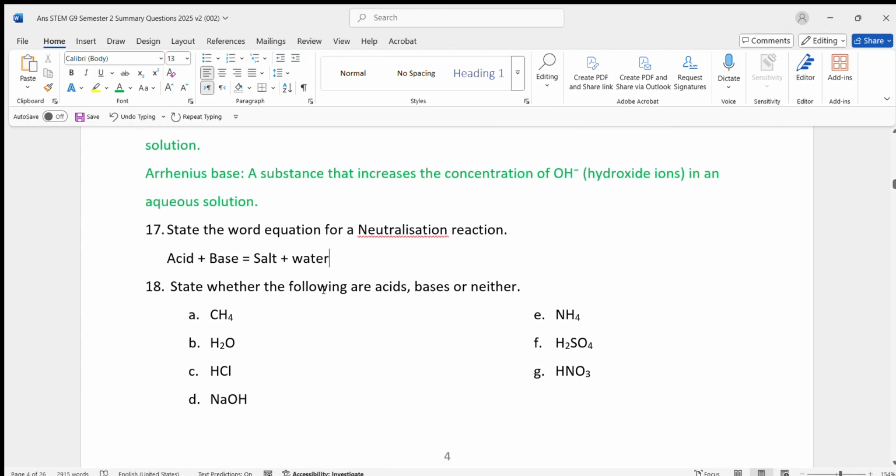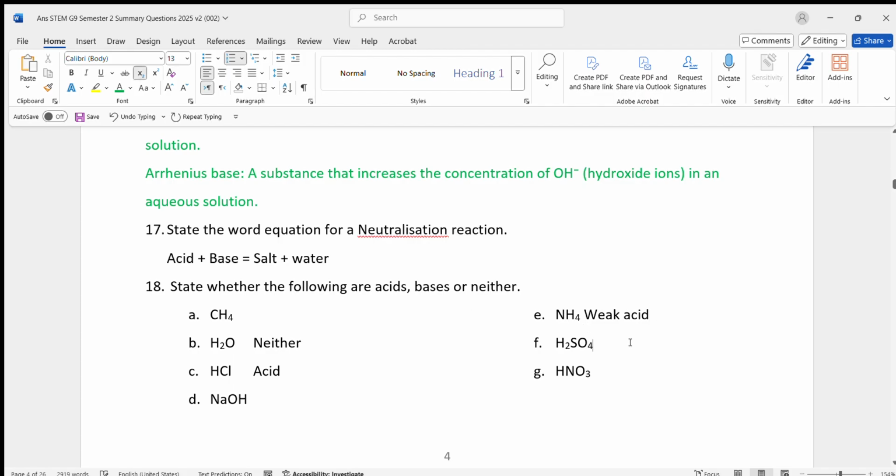Now we see, state whether the following are acid, base, or neither. So try to find H in these. H is there except in water, because water we know is just neutral. This is H, this acid I can write straight away without any doubt, and another acid I can find here. This is also an acid, but a weak acid I believe, so I write weak acid.